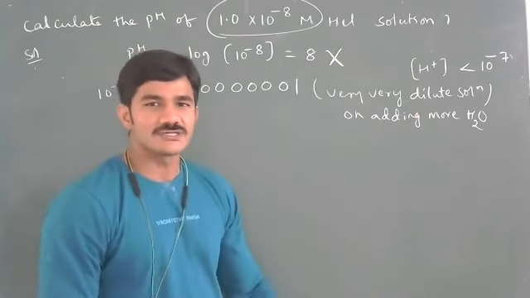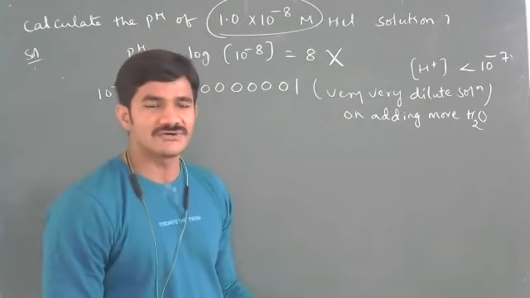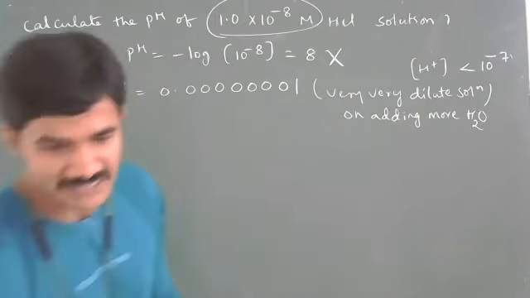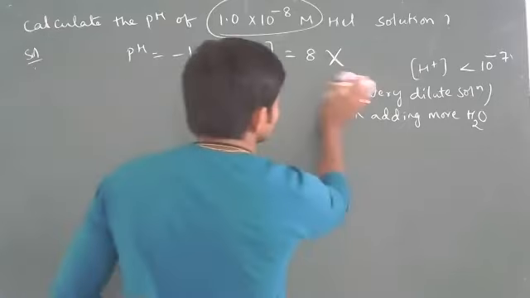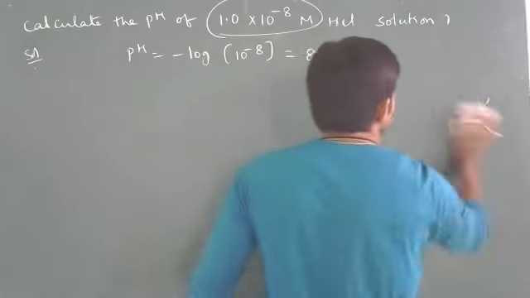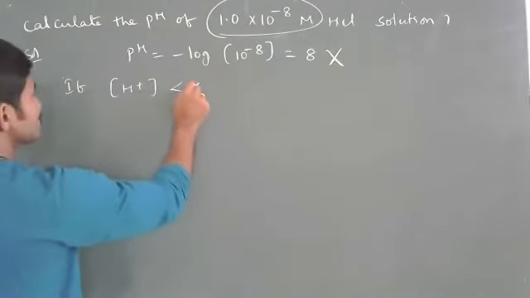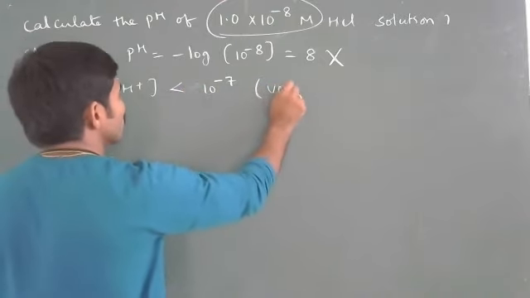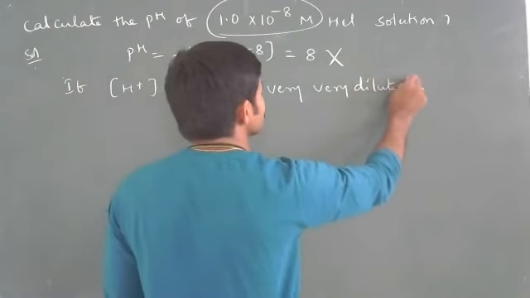What is the concentration of H plus in water? 1.0 into 10 power minus 7. That concentration also we have to include for H plus concentration. So remember that. If H plus concentration is less than 10 power minus 7, they are very dilute solutions.